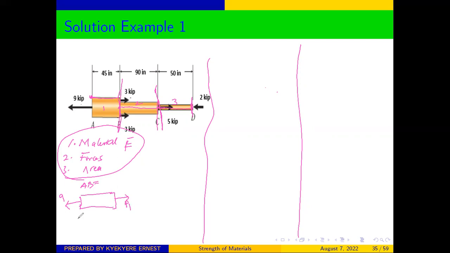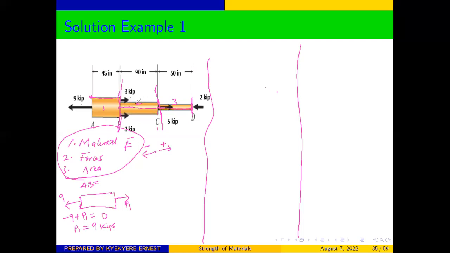We can say that any force going to the left is negative and any force going to the right is positive. So negative 9 plus T1 should be equal to 0. Then T1 is equal to 9 kips.